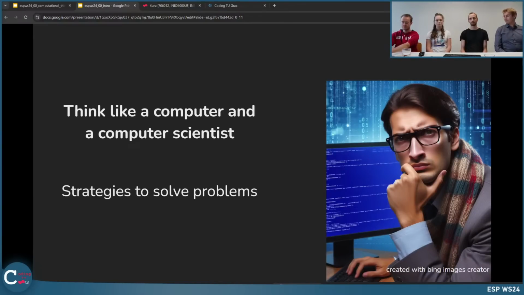So you will hopefully start to think like a computer, and it's a special way of thinking. It will take you a few weeks, maybe a few months, but you will see that you will change a bit in your type of thinking.